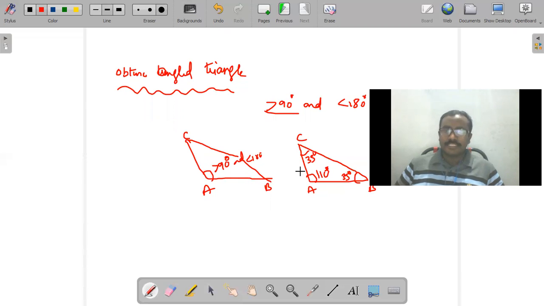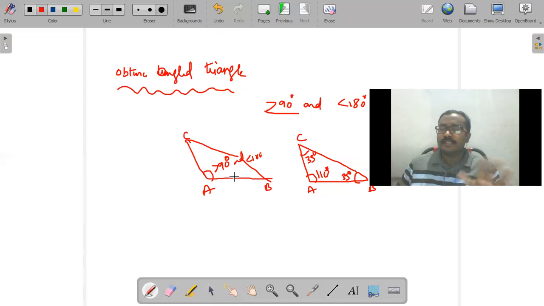So here, in the classification of triangles, we have side-based triangles and angle-based triangles. Side-based triangles are the equilateral triangle, isosceles triangle, and scalene triangle. In the same manner, angle-based triangles are the acute angle triangle, right angle triangle, and obtuse angle triangle.